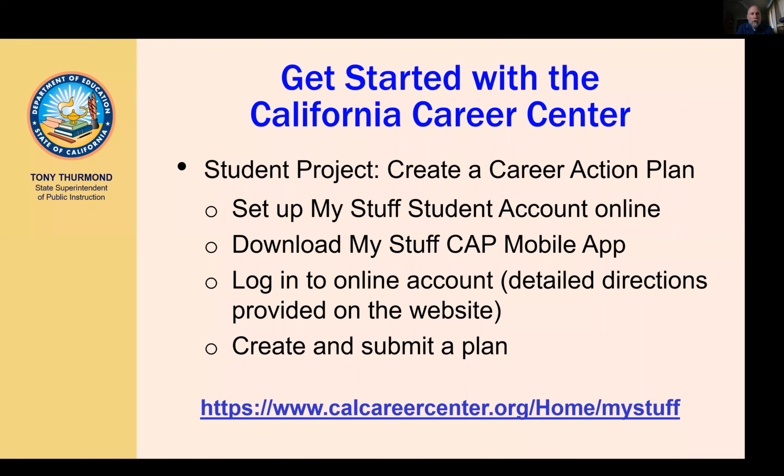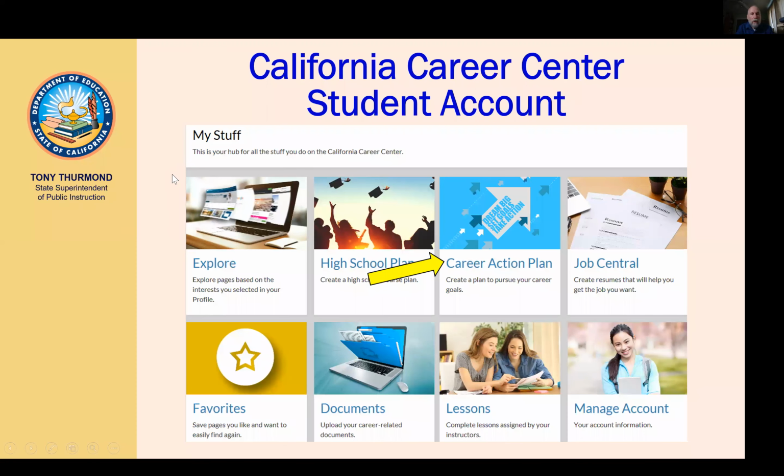They can optionally also download the My Stuff CAP mobile app and set that up. And then to start, would recommend logging into the online account. As I'll show you in a moment, there's detailed directions, and then they can simply create and submit a plan to you.